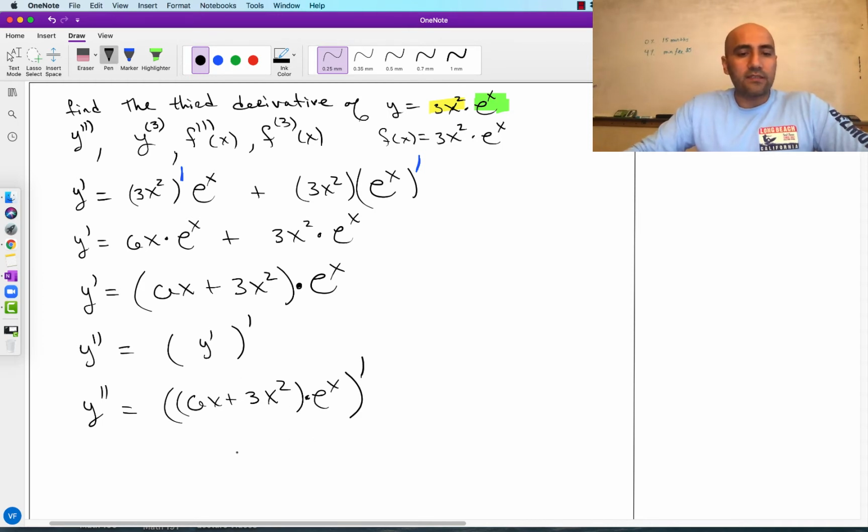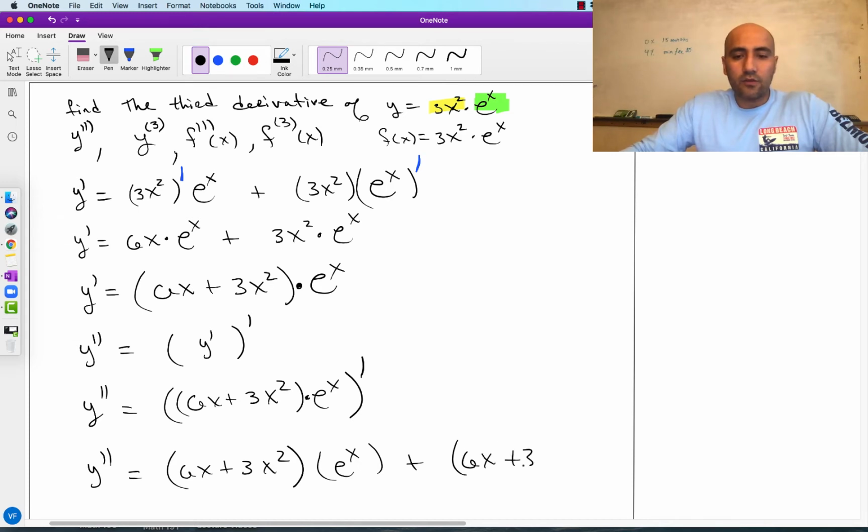And of course, we know that's the product rule. So the second derivative is going to be equal to 6x plus 3x squared, e to the x, plus 6x plus 3x squared times e to the x. And again, we've got to take turns. So we're going to take the derivative of the first one, leave the second one alone, leave the first one alone, take the derivative of the second one.